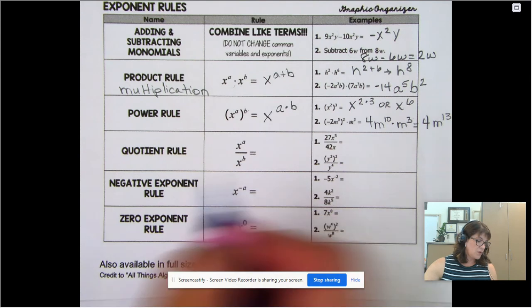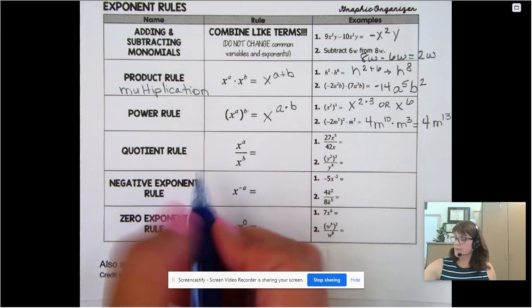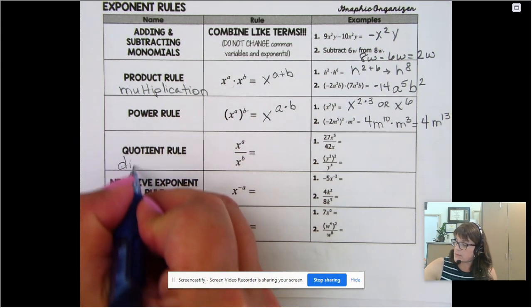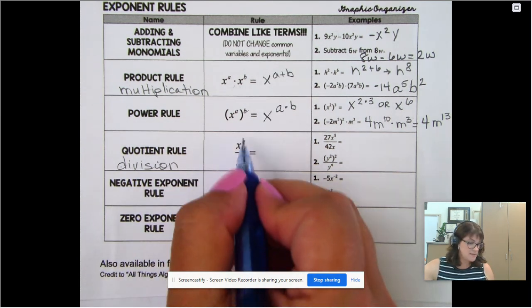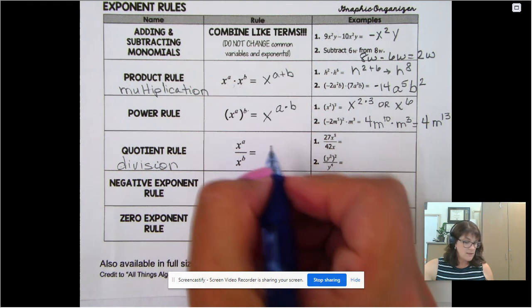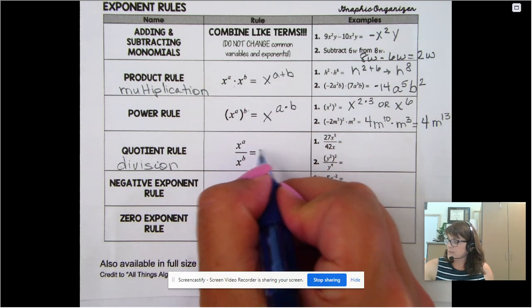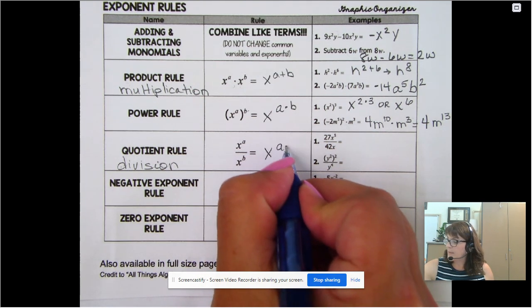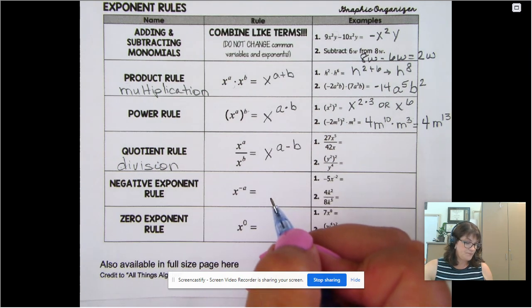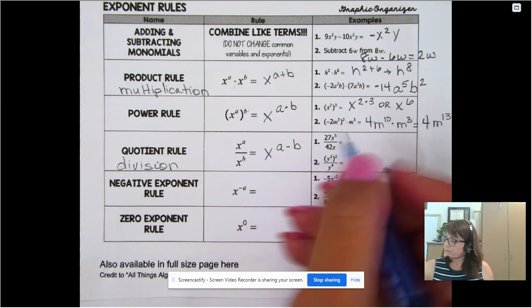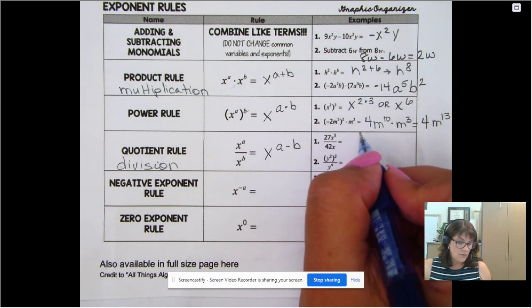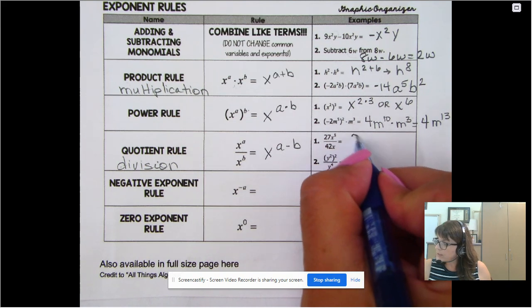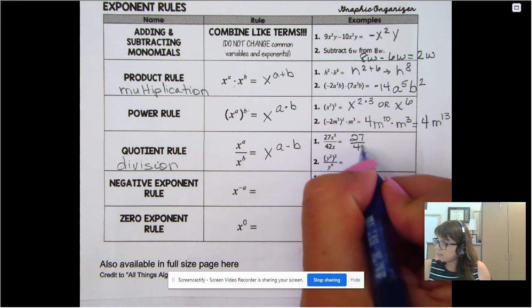Okay. Quotient rule. Okay. Division. If I'm dividing two bases, I can subtract the exponents. So in this case, x to the a minus b. Okay. So I'm going to write 27 over 42 separately.